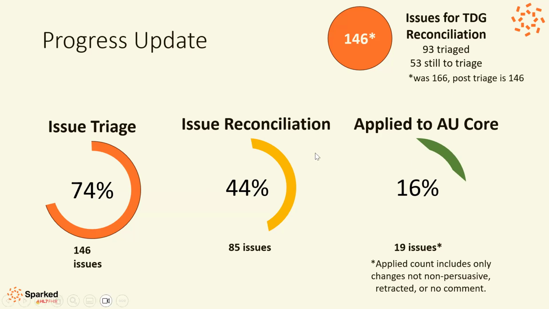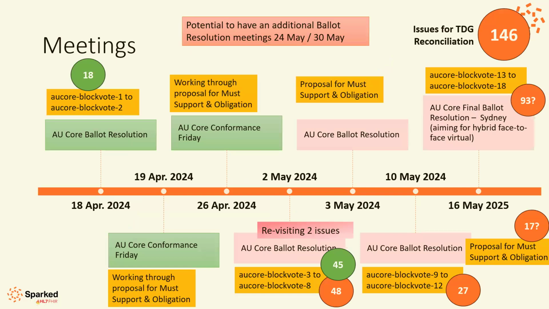And in terms of updates, where we're at, we've had our first ballot resolution meeting. We went through block votes 1 and 2, which approved 18 issues. We've had 2 conformance Fridays that are really working through the proposals for must support and obligation.